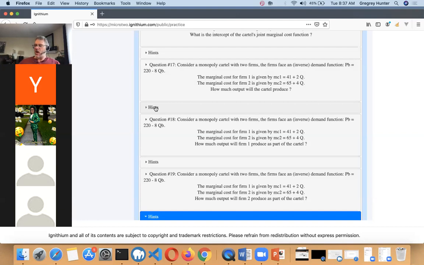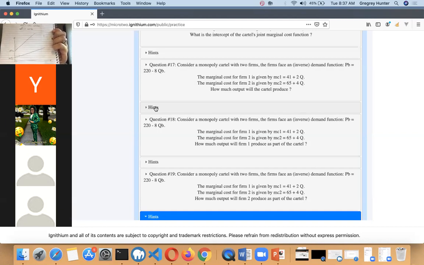We're talking about the firm or the production unit with the lowest marginal cost. So this is our picture. We've got one that's a low cost one and one that's a high cost one. And I didn't draw the joint in here like I did in the other picture because I just didn't want to confuse the issue.